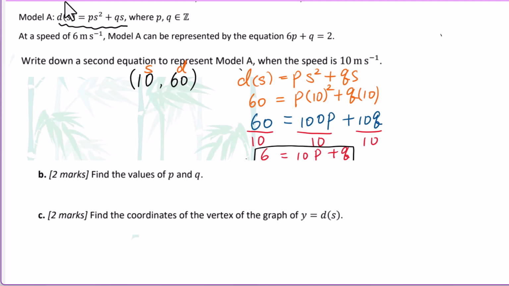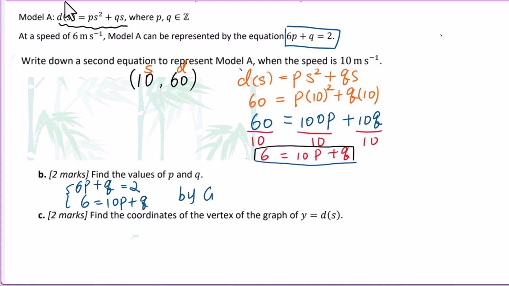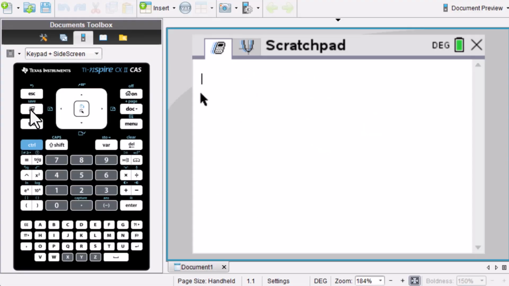B. Find the values of p and q. Since we are already given two equations about p and q, we need to set up a system of equations: 6p plus q equals 2, and 6 equals 10p plus q. Solve by GDC. Let's go to Scratchpad.